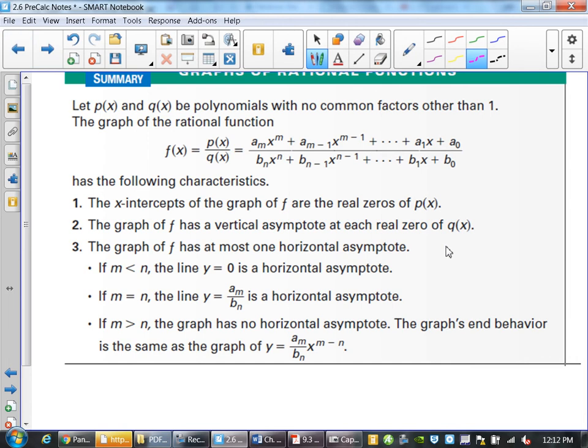And what this is basically, P of x and Q of x, those are just some function. Okay? It's just some function. When they write it in terms of all that other stuff, that just means descending order. That's it. x squared plus 2x plus 6, it's in descending order.